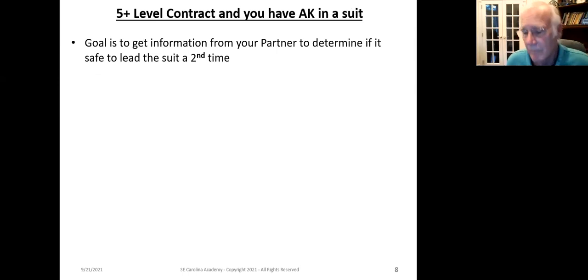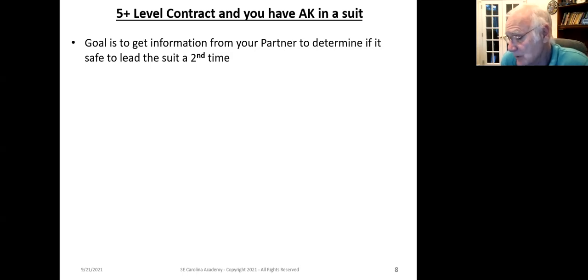All right, now, earlier on I talked about a special convention that's used against 5+ level contracts, when you have the ace and king. As strange as this sounds, it actually comes up quite a bit, especially against 5 of a minor or against a small slam.